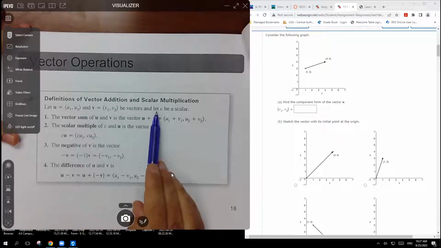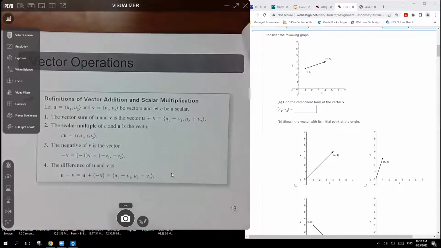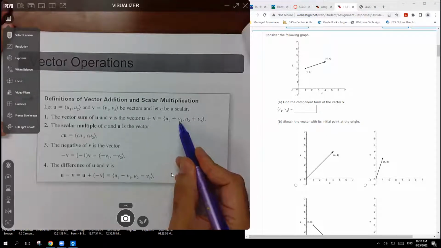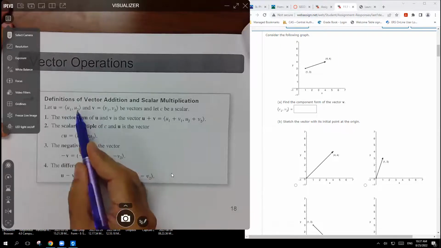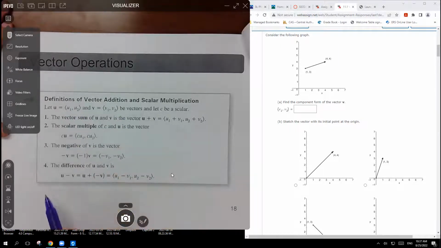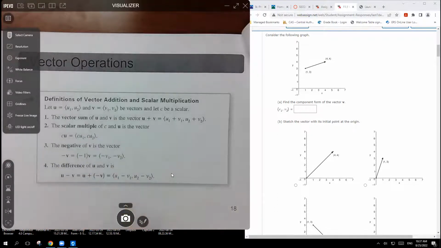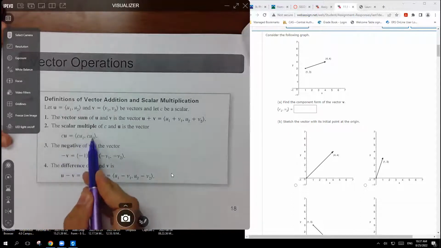Let V be a vector space, and let C be a scalar. We already know the sum of two vectors: you're just going to add the components, U1 plus V1 and U2 plus V2. For the scalar multiple C, you multiply the scalar with the components of the vector.